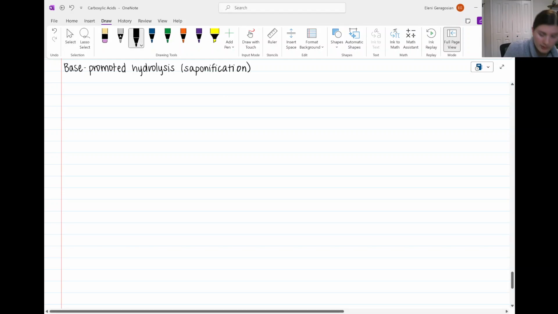For this reaction, to form a soap, we'll start with a fat or oil molecule. That means this molecule will have a long carbon chain, which I'm just going to represent as an R group.